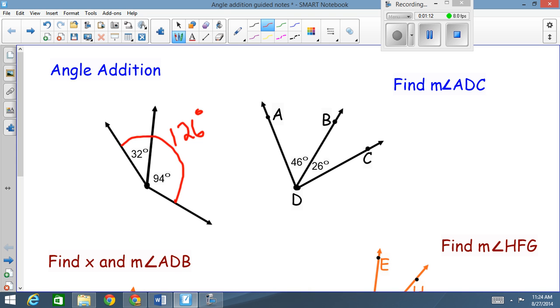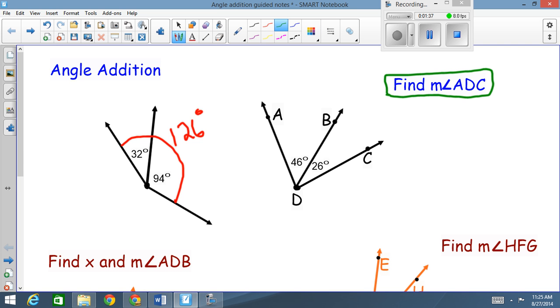For example, look at the second problem here. This time, the notation tells us to find M, and then this angle-looking thing, and then ABC. Well, what that means is the measure in degrees of angle ADC. So where is angle ADC?